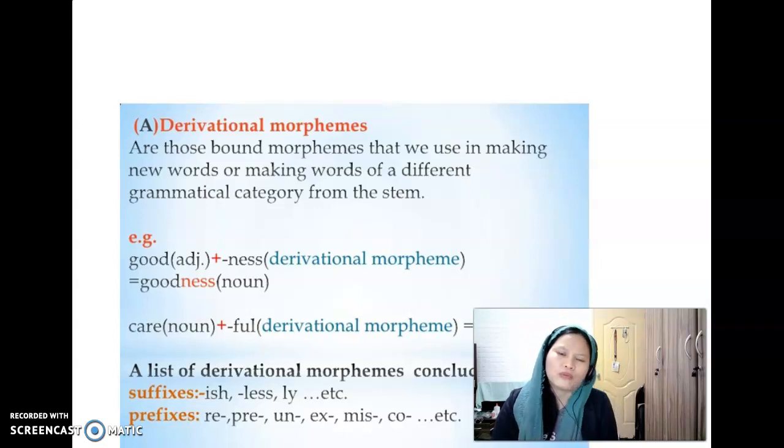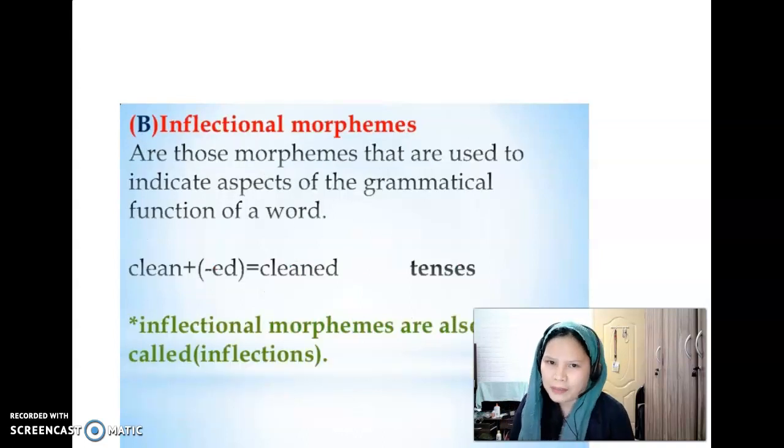So from the word it derives another meaning. Another example is the word care. It's actually a noun, and if you add the suffix ful, it becomes the adjective careful. So it makes a new word in a different grammatical category from the stem.